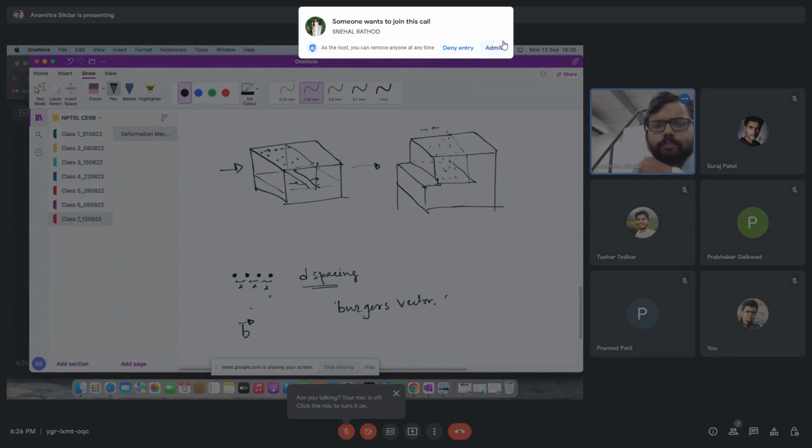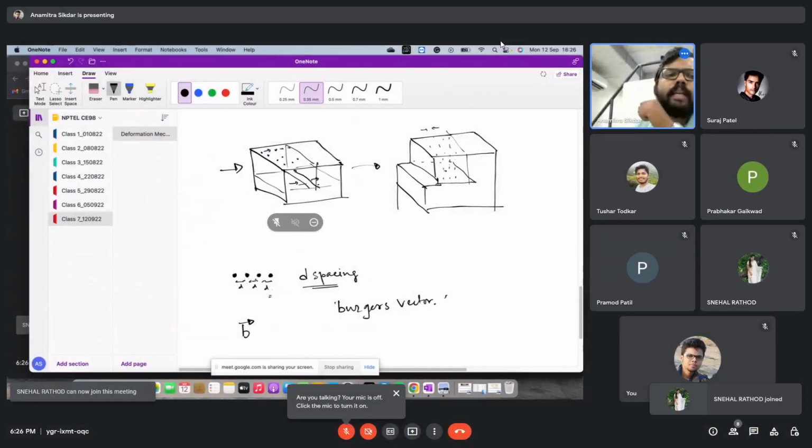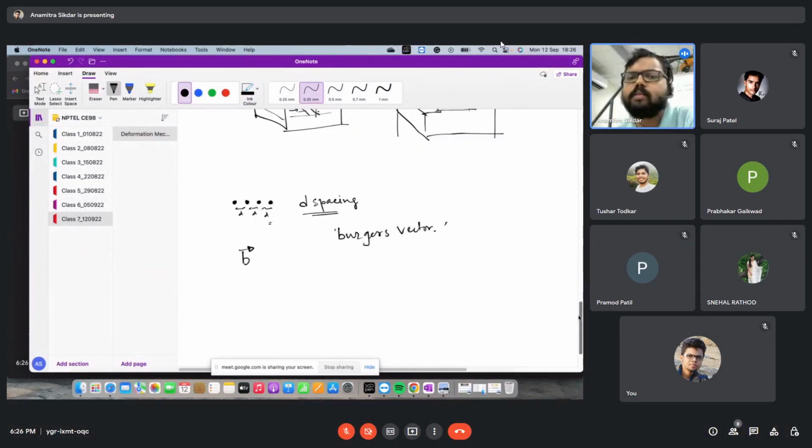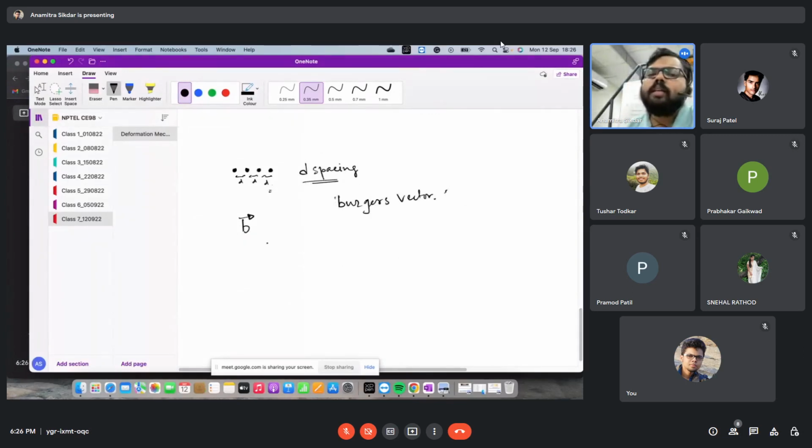Burgers vector is basically the basis. We know the unit vector, right? We have a more or less clear understanding of what a unit vector is in a vector space. So the Burgers vector is basically the basis of the displacement. Suppose you have a dislocation of 30 units, right? Those units are basically 30 Burgers vectors.